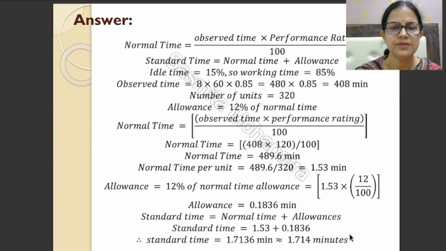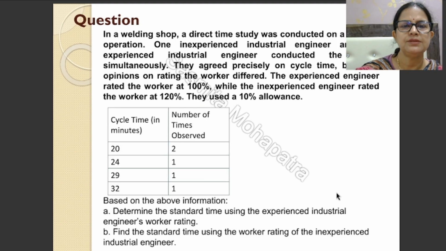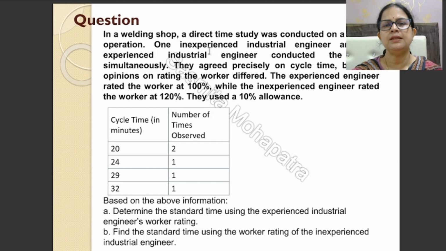So this is one question. We can go on to discuss another question here. We have taken one example, in a welding shop, where a direct time study was conducted on a welding operation. One inexperienced industrial engineer and one experienced industrial engineer conducted that study simultaneously.